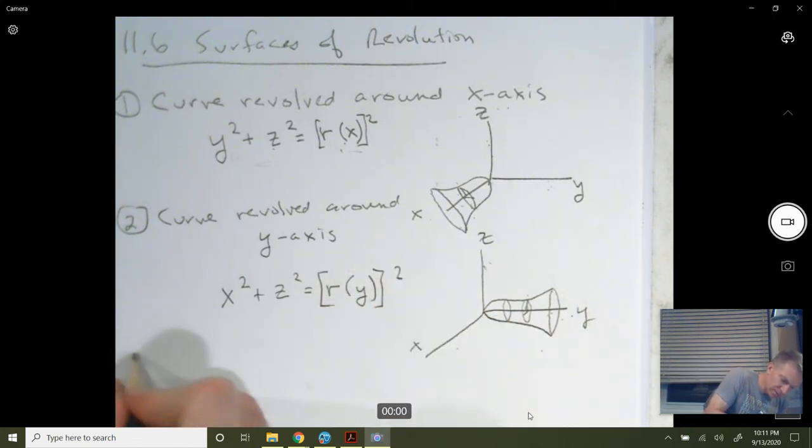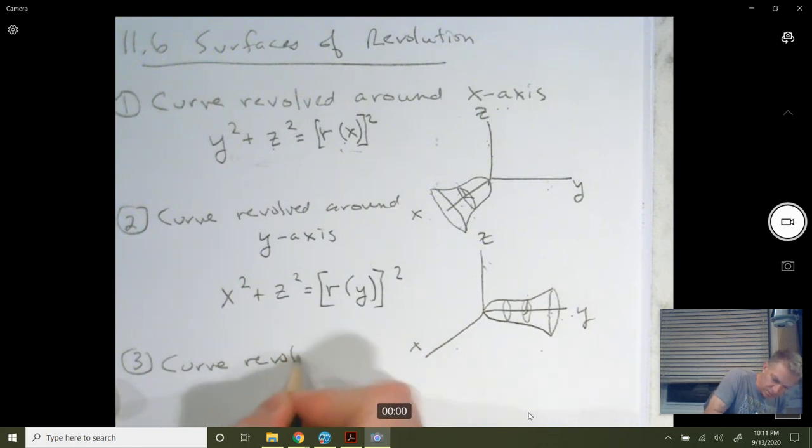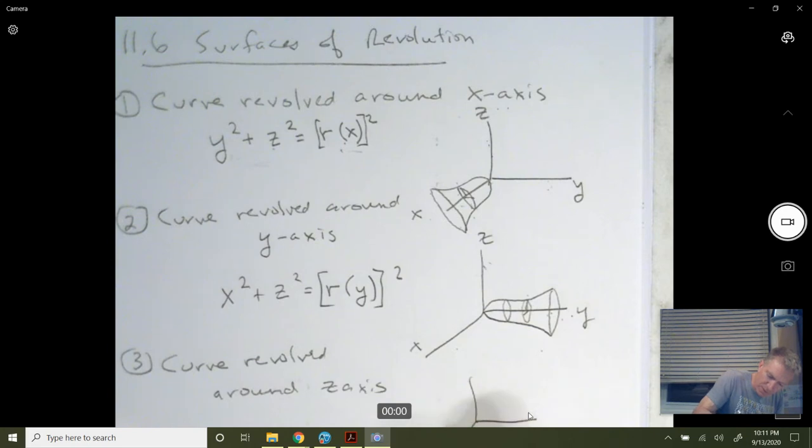And finally, you're going to have a curve revolved around the z-axis. Okay, so if your curve is revolved around the z-axis, you'd have to have a curve either in the xz plane or the yz plane. And let's say your curve looks like this.